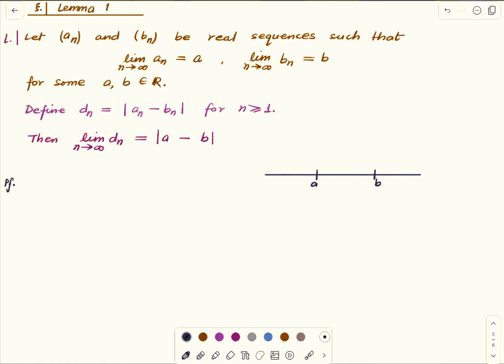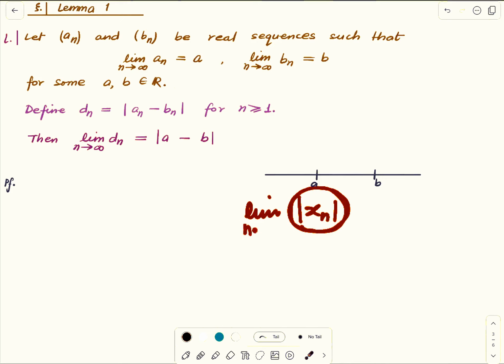So what did the star mark problem say? It said that if we had a convergent sequence x_n, then this sequence, which is obtained by taking the absolute values of every entry of the sequence, is also convergent, and the limit is the absolute value of the limit of the original sequence.